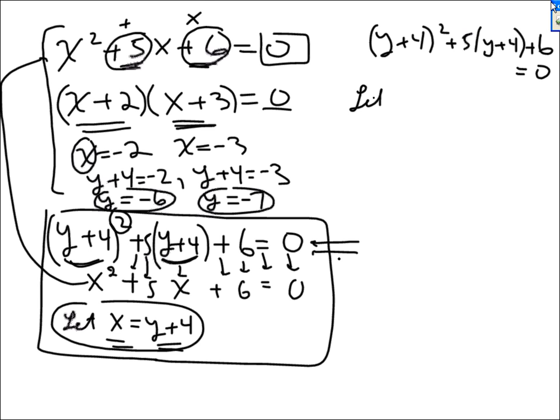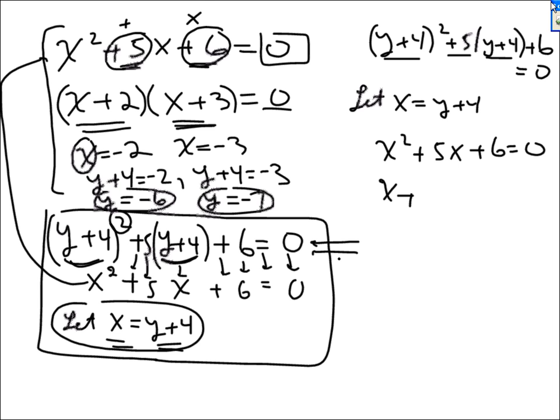You should write let x equal y plus 4. So it's x squared plus 5 times x plus 6 equals 0. We factor this, x plus 2, x plus 3 equals 0. So x is equal to negative 2, or x is equal to negative 3.